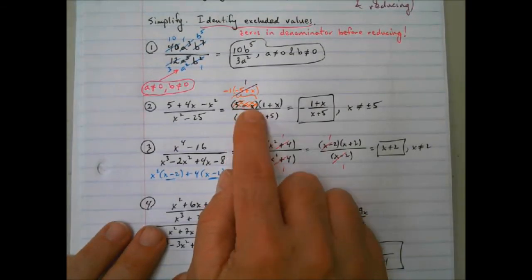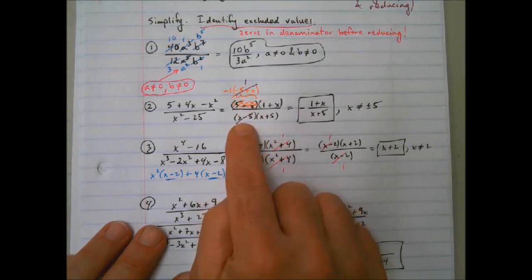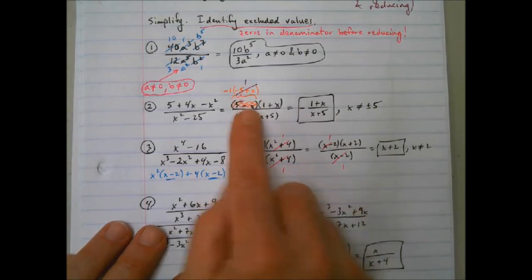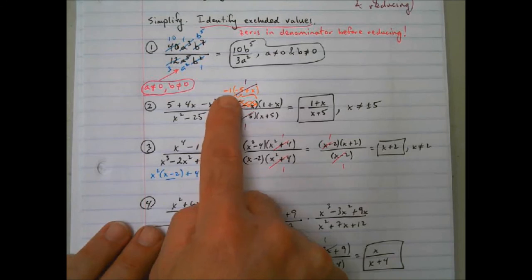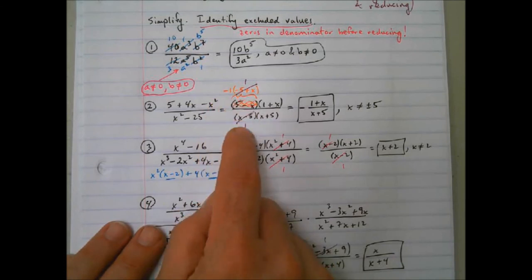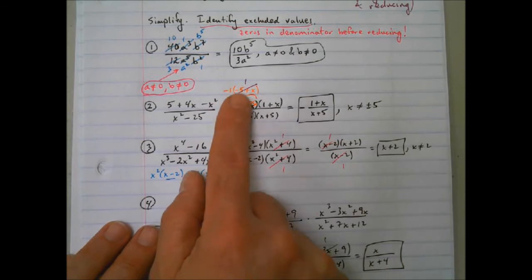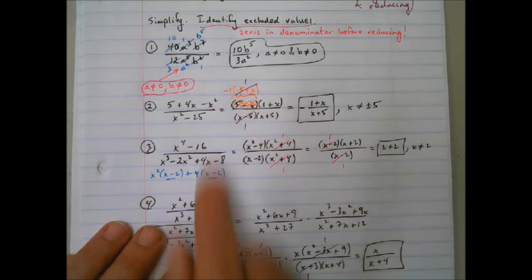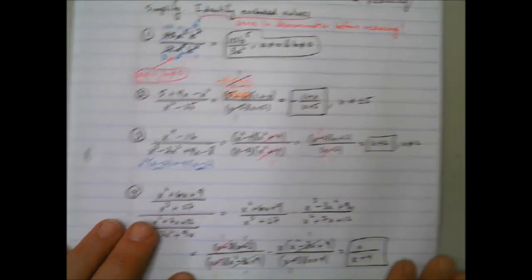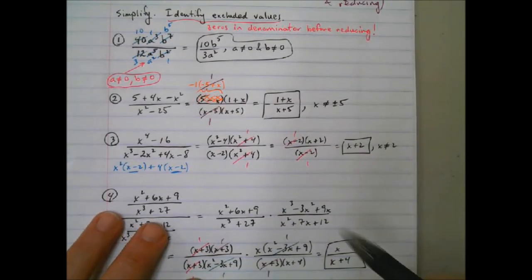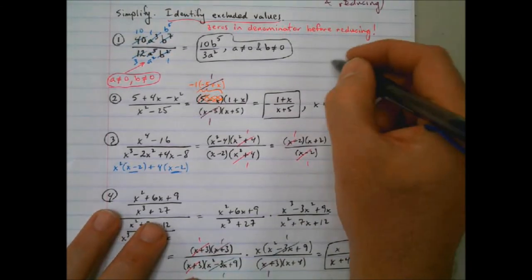Now, when we are reducing opposites, like this right here on the second problem, I don't necessarily need to see you factor out the GCF of -1 and reduce. You could simply reduce them and put a -1 in place of one of them. What do I mean by that?